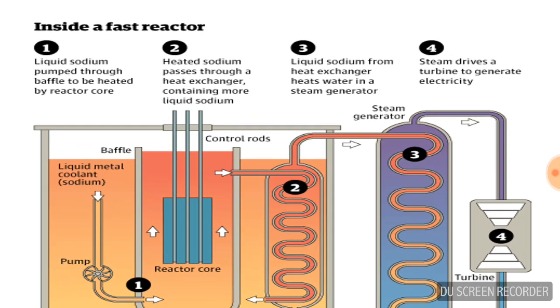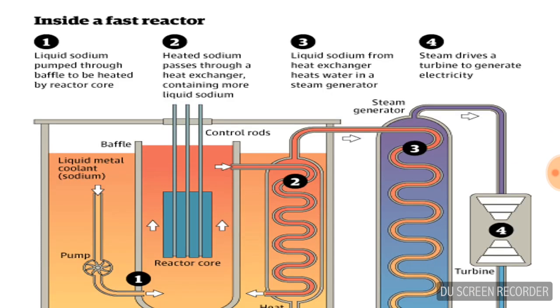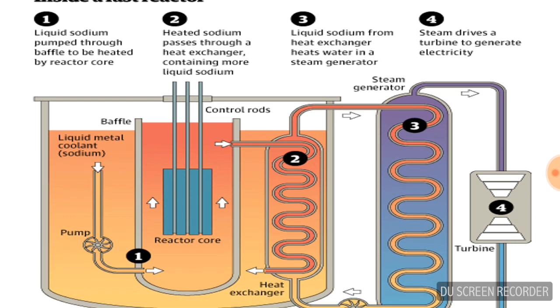You see in point 1 that liquid sodium is pumped through the baffle to be heated by the reactor core. The reactor core is the blue colored one, and the liquid metal coolant is pumped inside this reactor core. In the second step, the heated sodium passes through the heat exchanger after the nuclear reactor casing. This second heat exchanger contains more sodium.